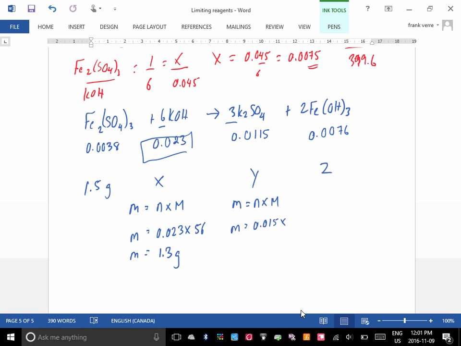So 2 potassium is 39 plus 39 is 78. 1 sulfur is 32, that's 110. 110 plus 4 oxygen, 4 oxygen is 64, so that should be about 174. Okay? So what is 0.015 times 174?